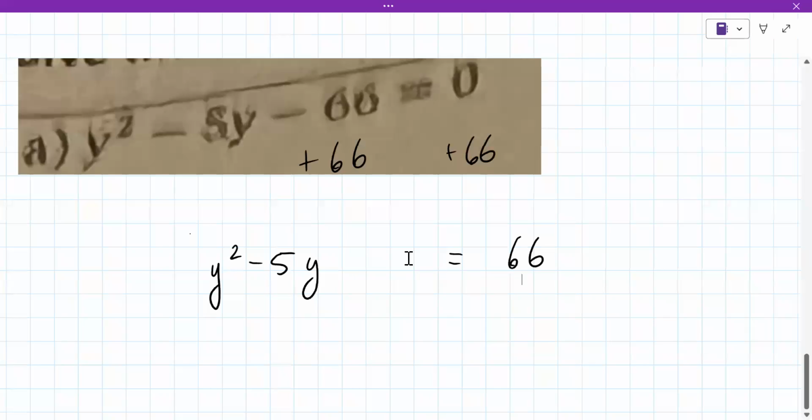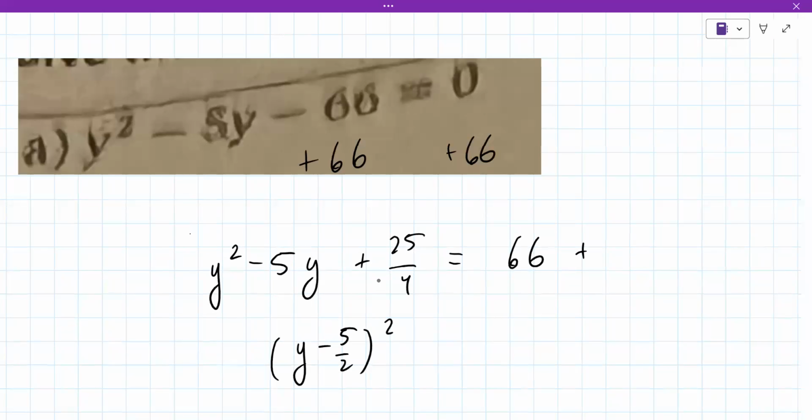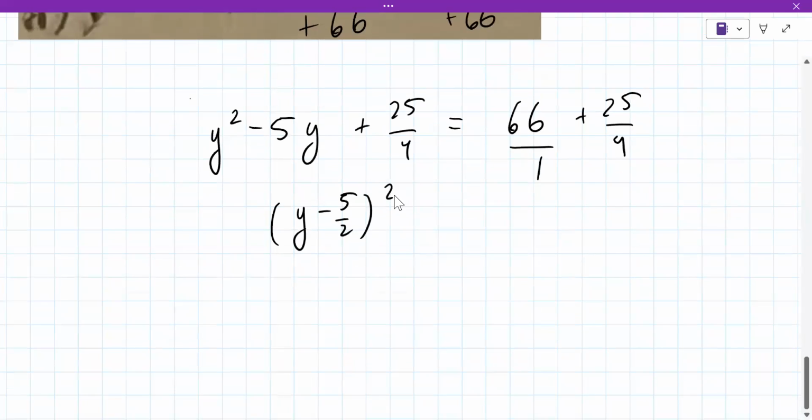It's half of this squared. It's okay to write it as minus 5/2 squared, but you might be able to just say, oh, it's plus 25 over 4 on both sides. And I have no idea why your instructor gave you these really messy ones. They're not ideal.